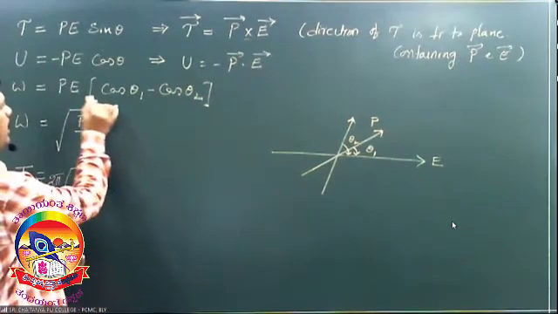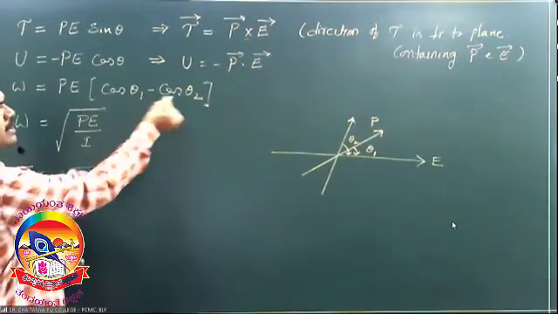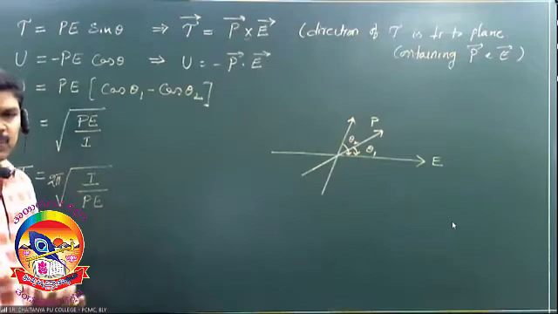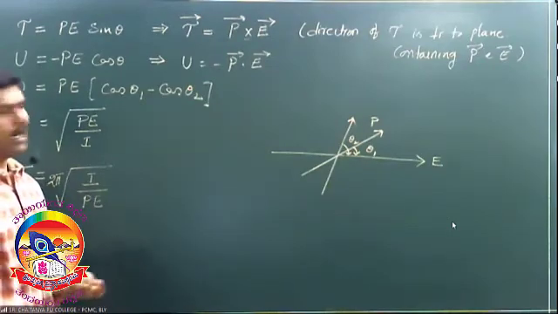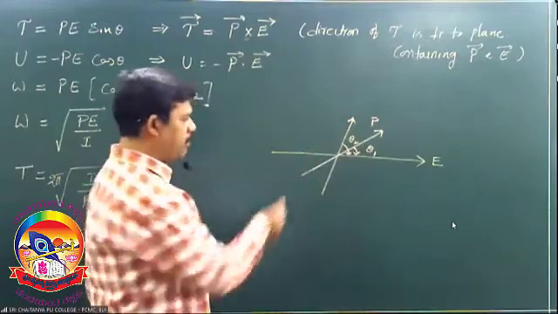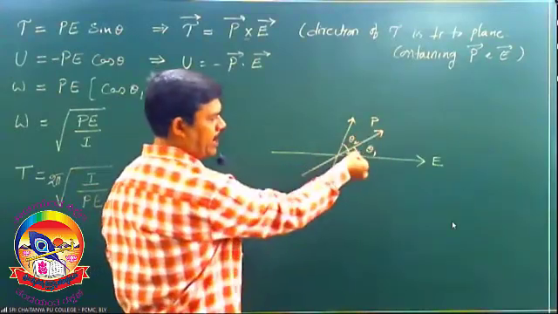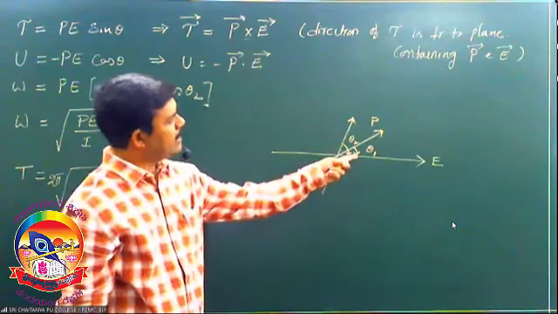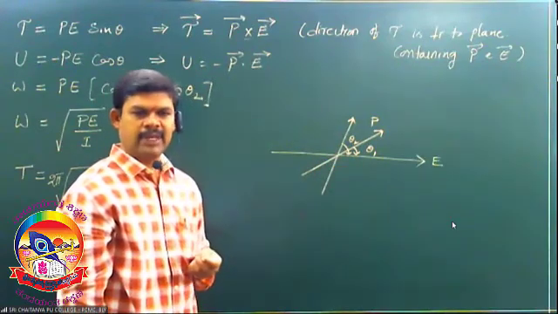Then work done is PE (cos theta 1 minus cos theta 2). Remember, always these angles are made by the dipole with the field direction, right?